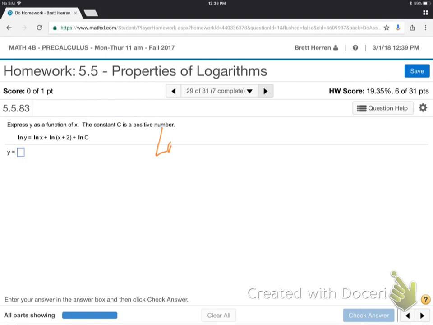So we have natural log y is natural log x plus natural log x plus 2 plus natural log c. They want me to solve for y. So can you combine all those logs on the right side? So use property 1.